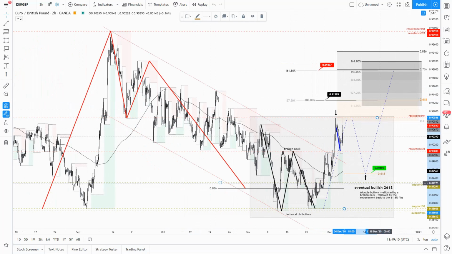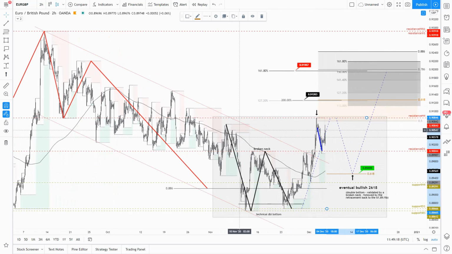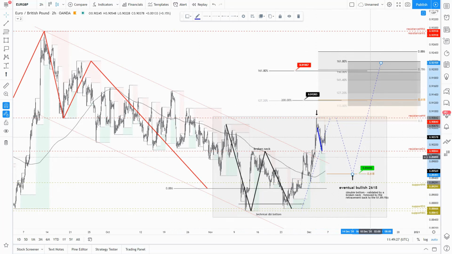If you go back and search for those 2618 trade setups, you will see most of the times the market reacting accordingly to the default expectations, which is nothing more than a bounce from the golden fib, one first target at the previous structure highs, and then the eventual symmetrical pattern projected above as an ABCD pattern.